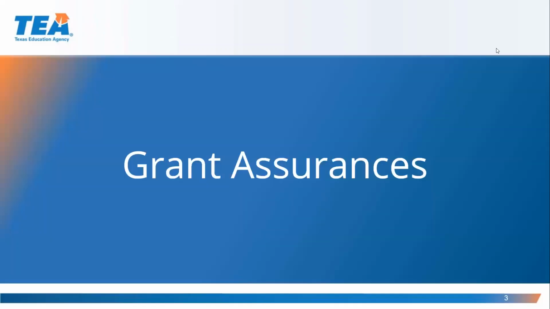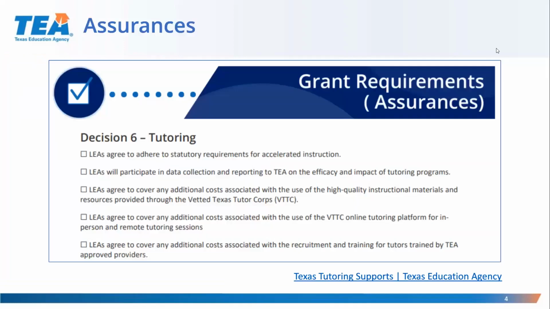So as a TCLAS Decision 6 district, these are the grant assurances that you adhere to. The first is that you agree to adhere to any statutory requirements for accelerated instruction. In this case, we're talking about House Bill 4545. You also agree to participate in any data collection and reporting to TEA on the efficacy and impact of tutoring programs.